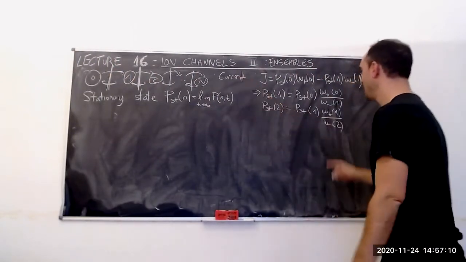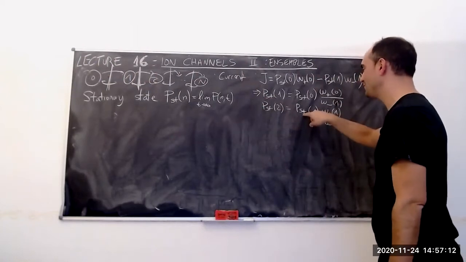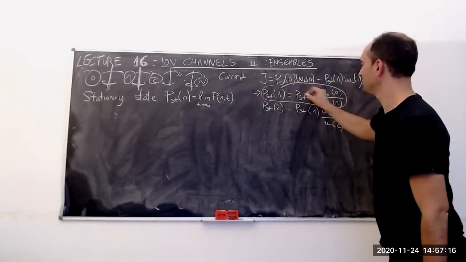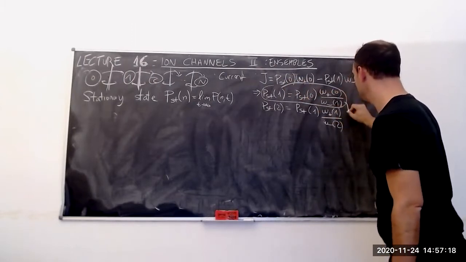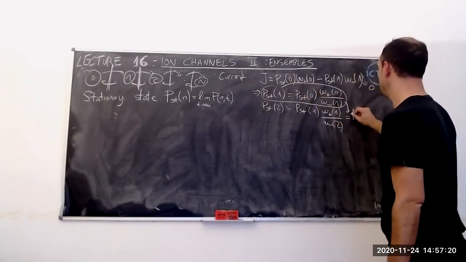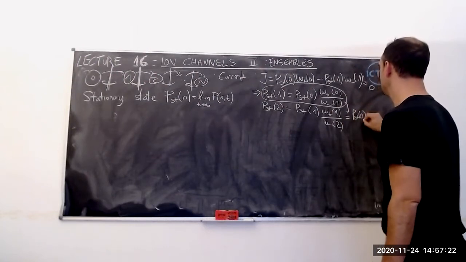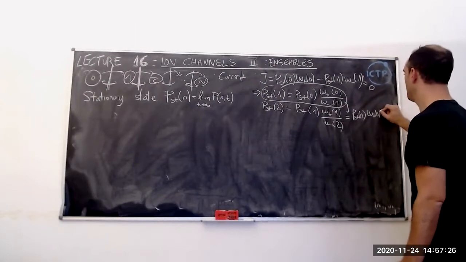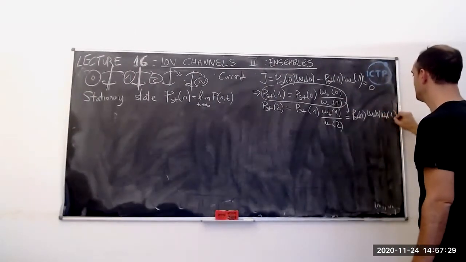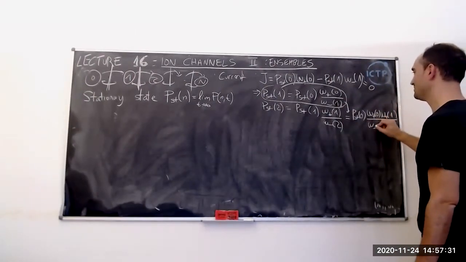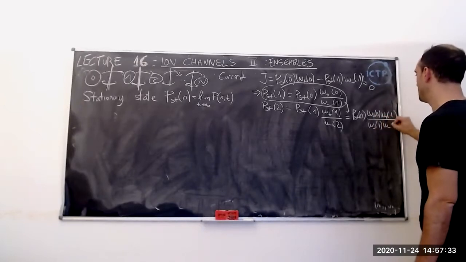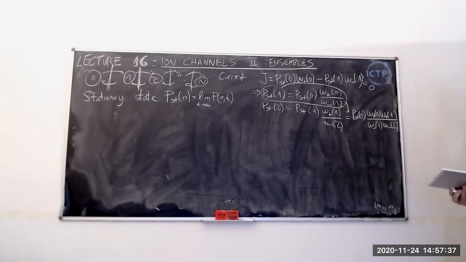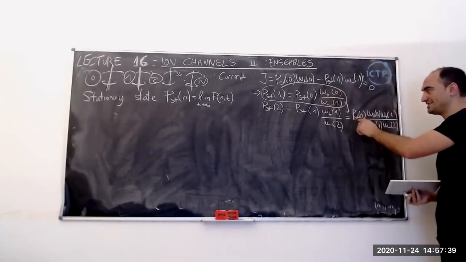And now what I can do is this P stationary 1, I take it from here. So I put this formula here, and this is P stationary 0, omega plus 0, omega plus 1, divided by omega minus 1, omega minus 2. So one gets P stationary 2 is P stationary 0 times this and this.